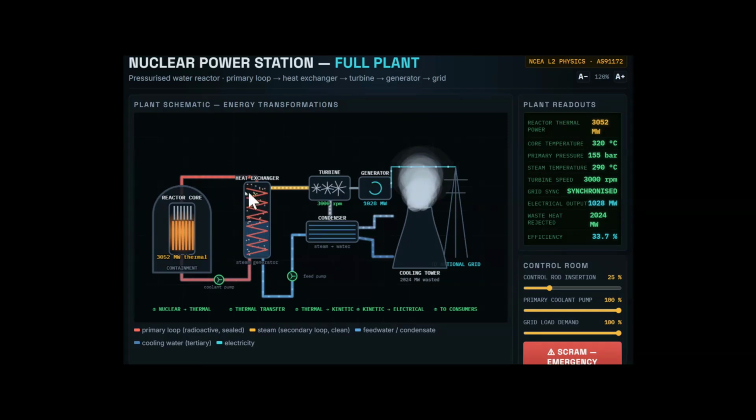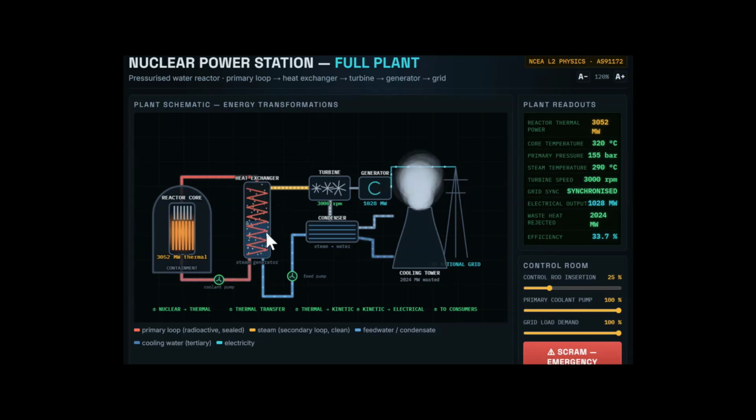So it goes through a heat exchanger. Now the hot water goes through these pipes here and it's surrounded by colder water. So the waters never actually touch each other. That colder water is heated by the hot water and itself turns to steam very, very quickly.